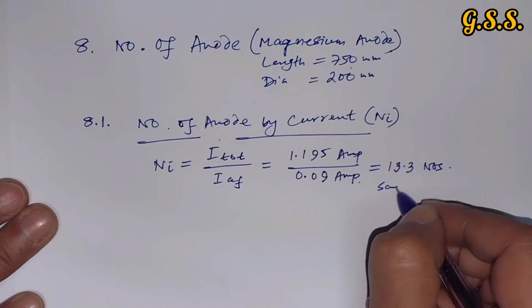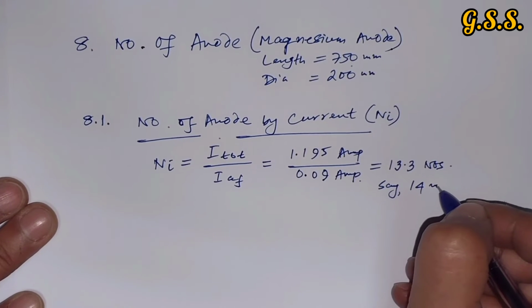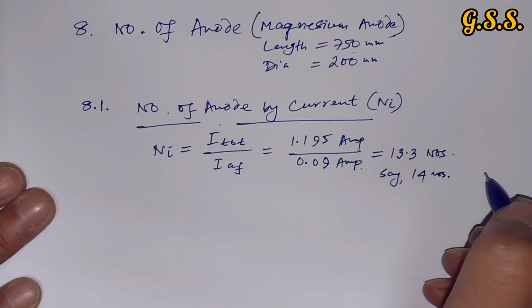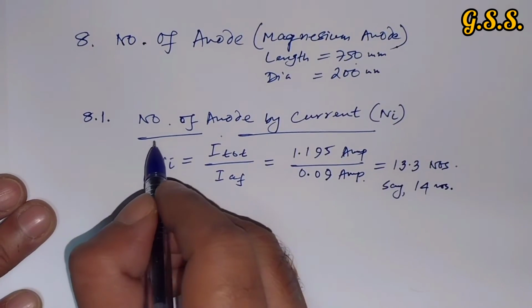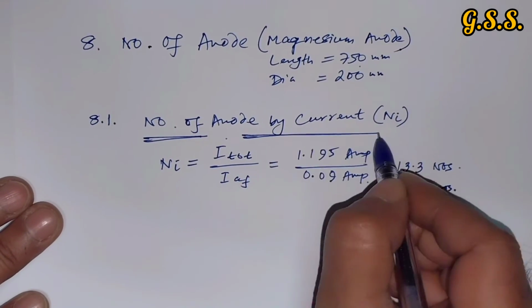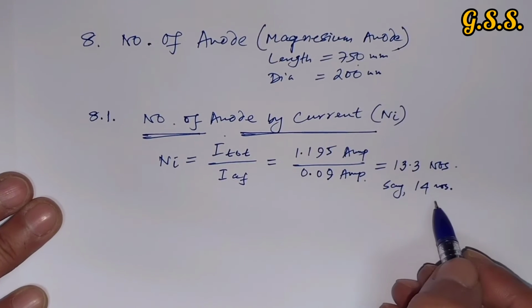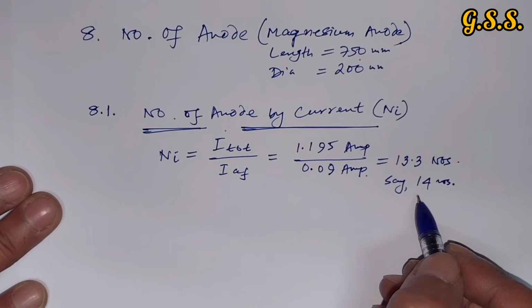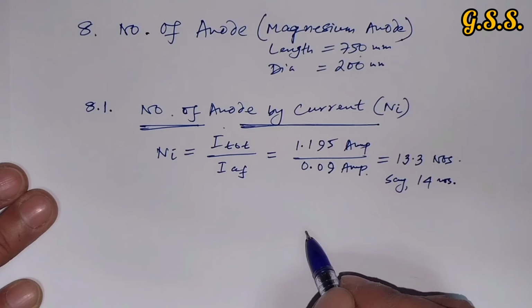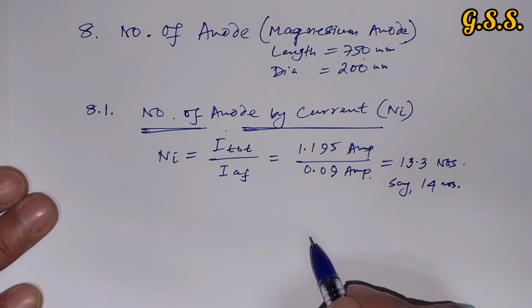Say 14 numbers. So based on current requirement, we require 14 numbers of anodes to protect this 2.5 kilometer length pipeline.